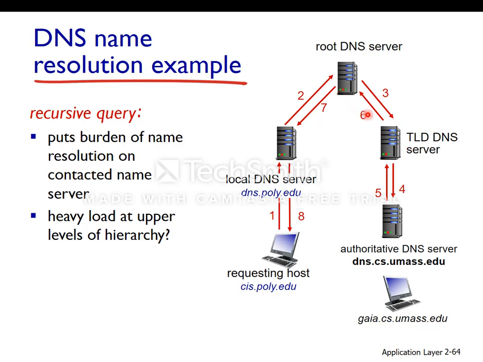The root DNS server would then attempt to find it, so it would also ask recursively the top level domain name server for .edu, which in turn would ask the authoritative DNS server for cs.umass.edu. Now, in practice, the root DNS servers never respond to recursive DNS queries, but this is just an example.